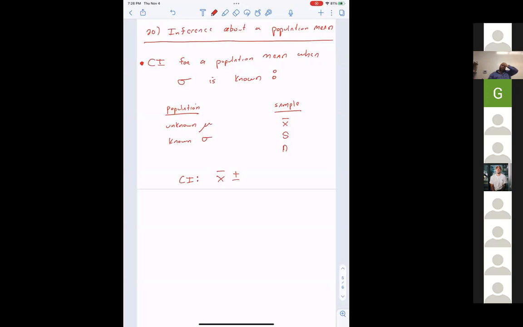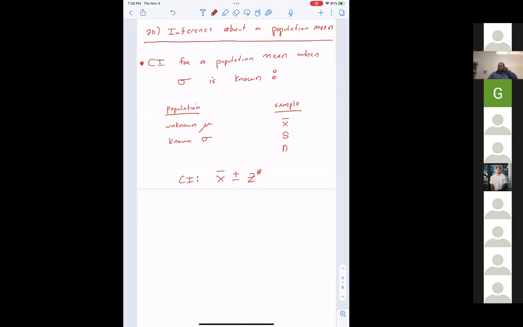Well, for proportions, what was the first part of the margin of error? What do I always start with? X bar or p hat plus or minus what? Yeah, it was Z star. And that was either 1.645 or 1.96 or whatever the case may be.